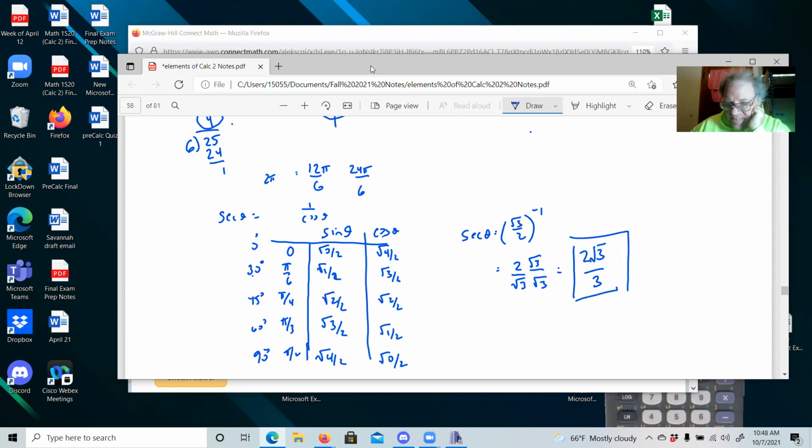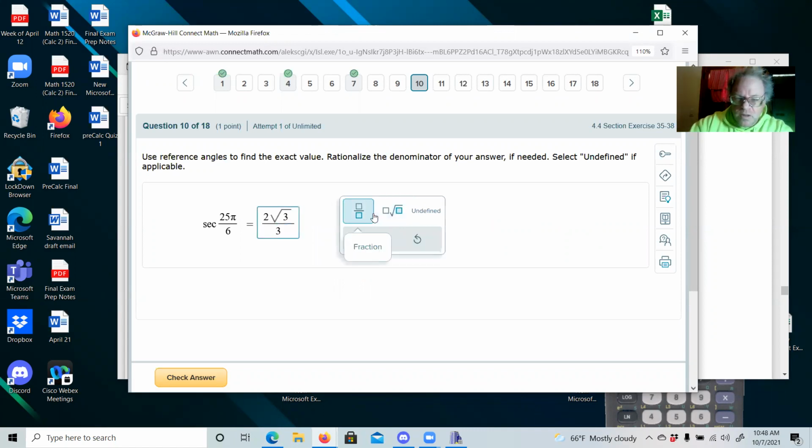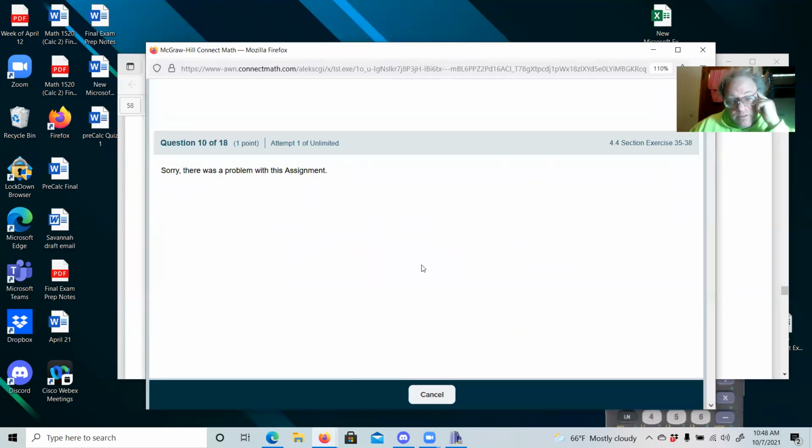So that's the secant of pi over 6, which is also the secant of 25 pi over 6. First quadrant, so everybody's positive, we don't have to worry about that. This is going to be 2 root 3 over 3. Double check I got the right thing. I do. We're good.